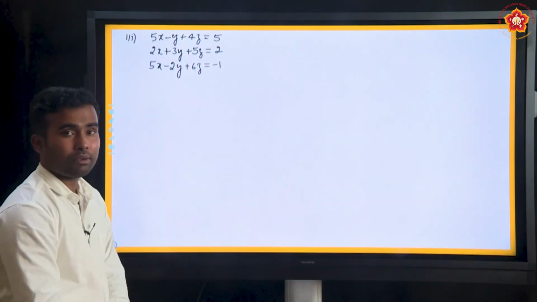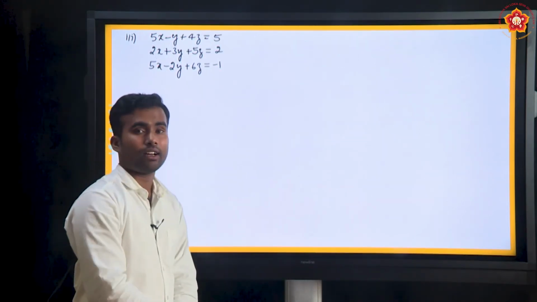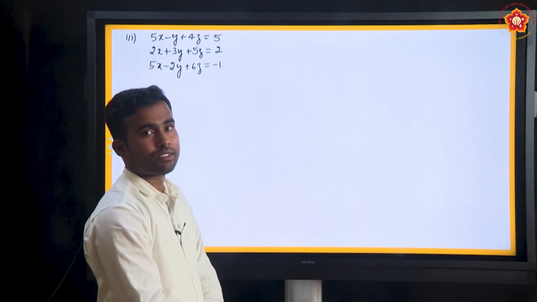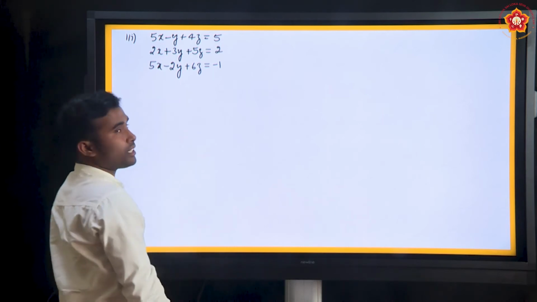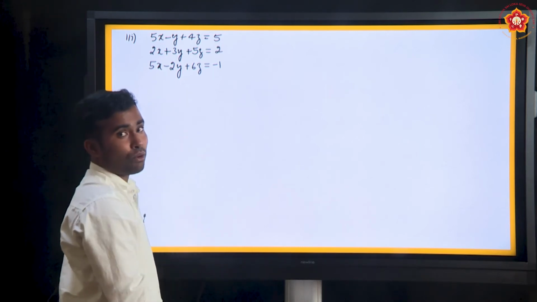This is another problem, we have to check whether the given system of equations are consistent or inconsistent. First thing is we have to write the given system of equations in the matrix form.